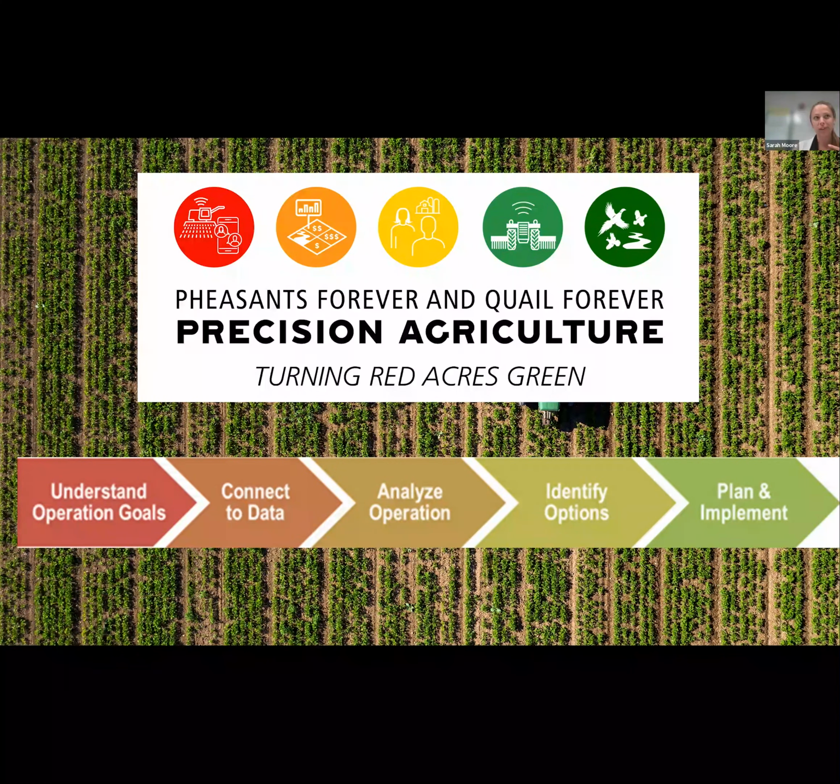It's sort of cool and also frustrating that there is no one size fits all for these solutions. So we present a host of options so that the landowner can choose what is going to work best for them, and then plan and implement those projects.